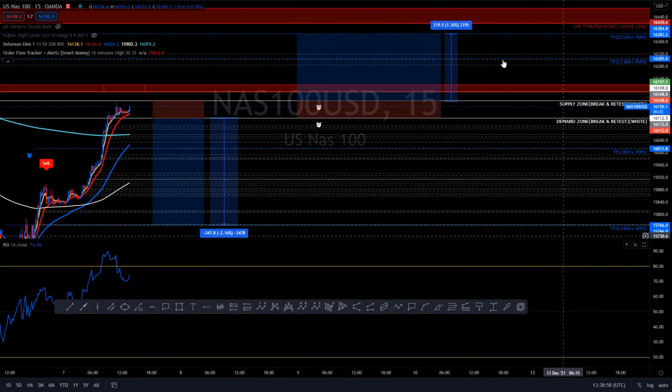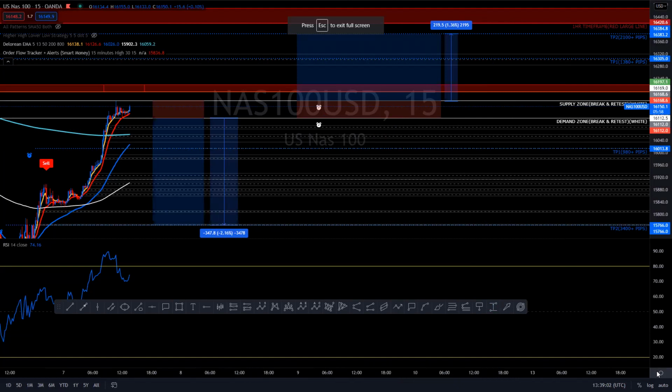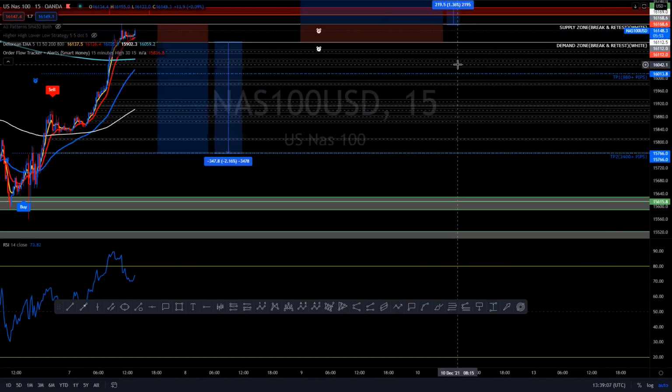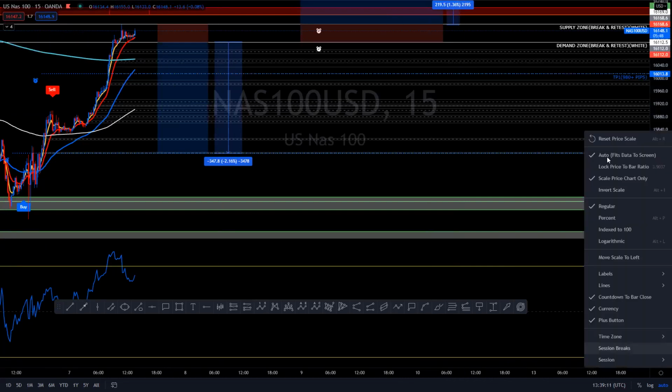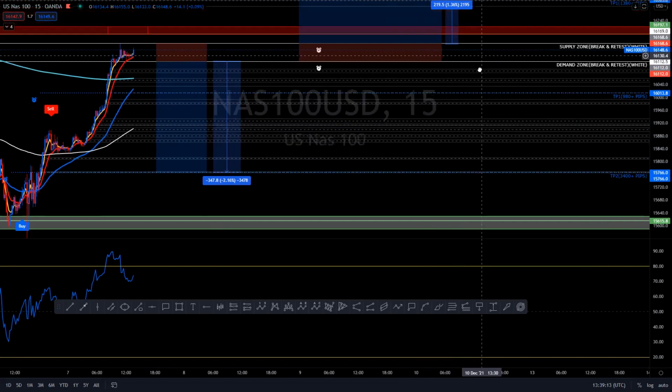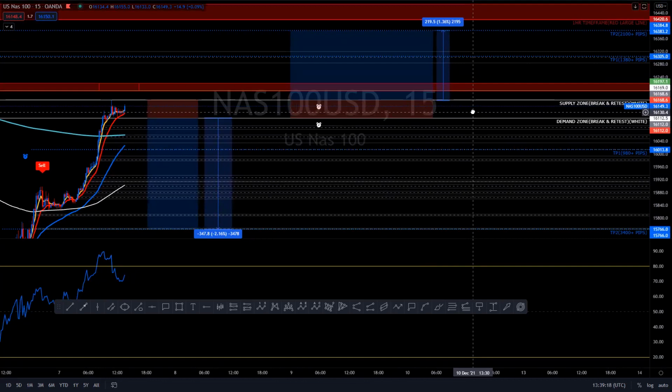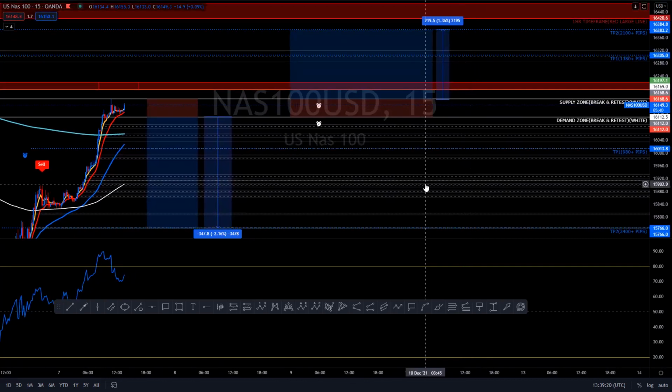I'm just setting them, and once I hit my profit target, then that's it. That's really my goal, just to hit one of these profits and, depending on my position size, just make what I want to make. But we'll see at the 9:30 bell what price is going to do, and we'll act accordingly.